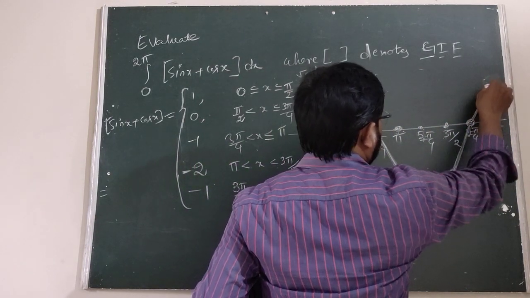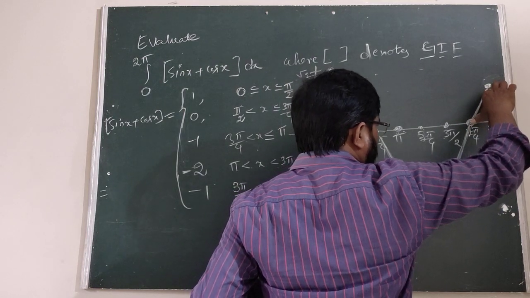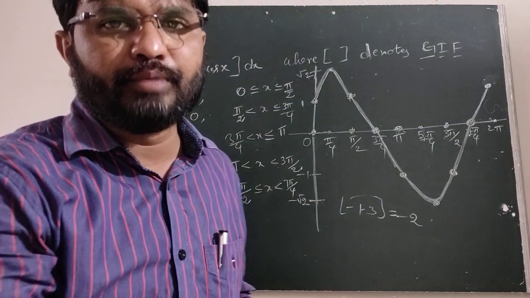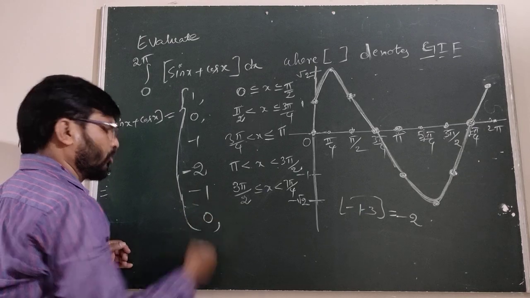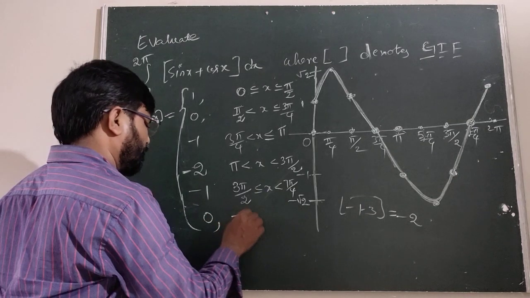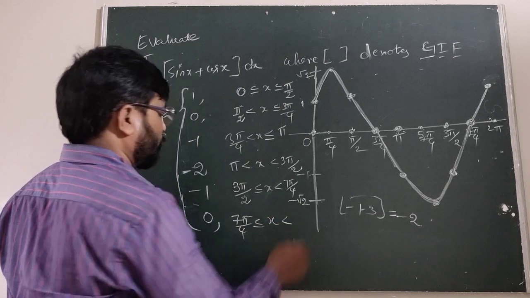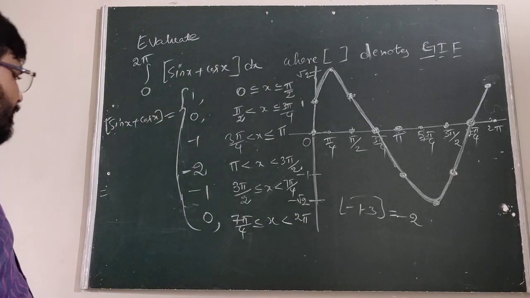That's why these all values are below 1, up to below 1, whose integral part, the step of 0 to 1, must be 0. Now we can again take this is 0, that is 7 pi by 4 less than x less than 2 pi. These are our limits.